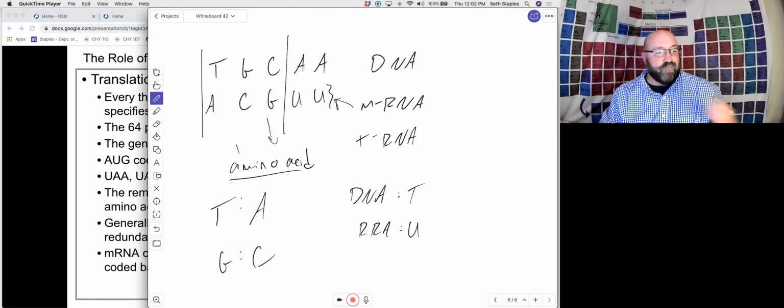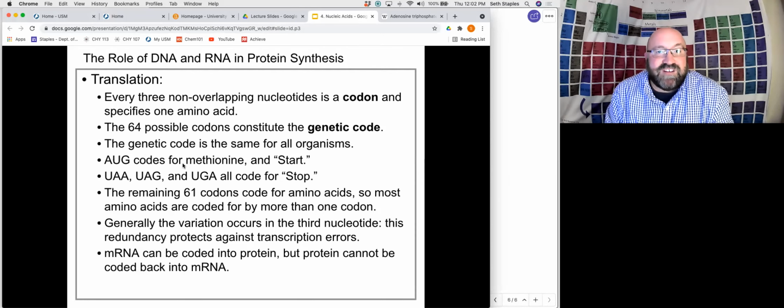Every 3 nitrogenous bases codes for a specific amino acid. And so there are 64 possible codons, which constitute the entire genetic code. The genetic code in general is the same for all organisms. The difference is going to be in the orders of some of those.